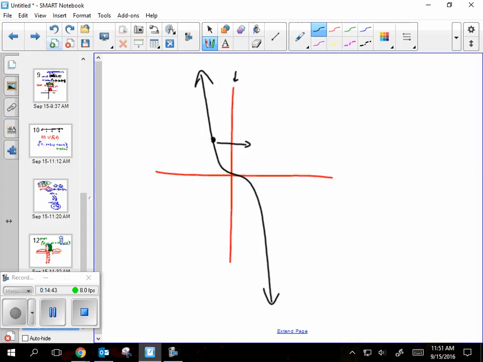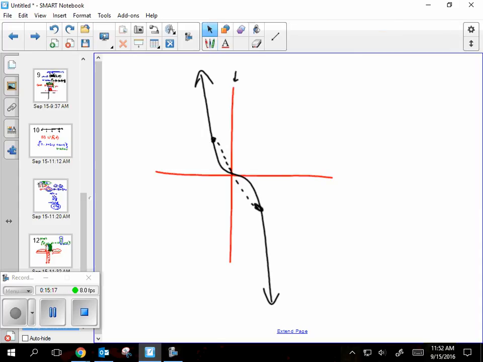That does not have y-axis symmetry because there's no dot over here that goes with it. But it does have origin symmetry. Why? Because if you take a line and draw it from my point that I picked and go right through the origin, then there's another point down there that corresponds with it. I didn't draw this perfectly, but that in general is the picture of a function that has origin symmetry.